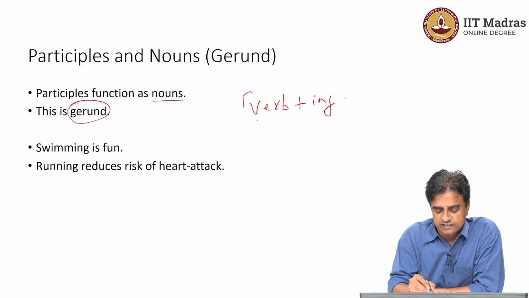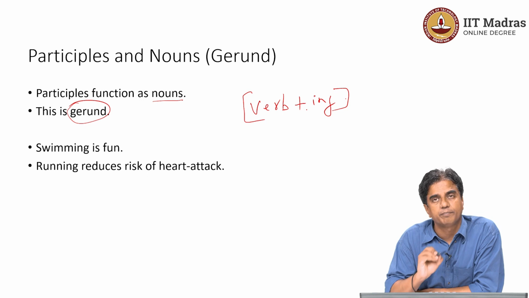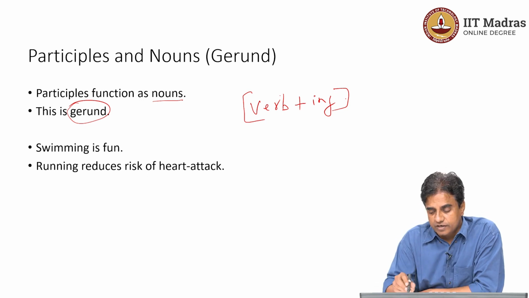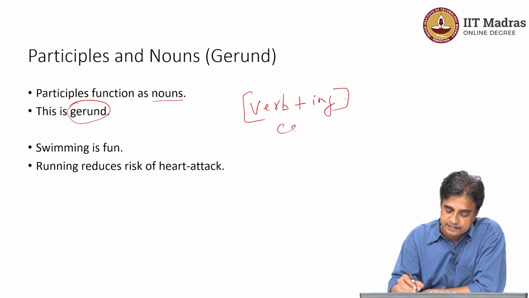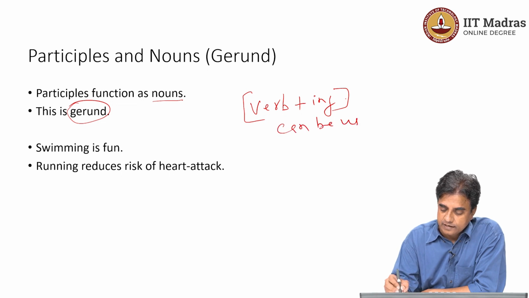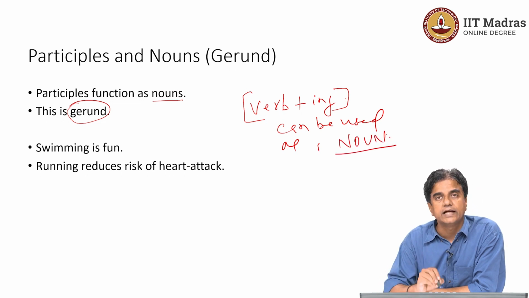You have seen that verbs with ing are like participles. So a participial form of the verb can be used as a noun, and when they are used as nouns, they are called gerunds.